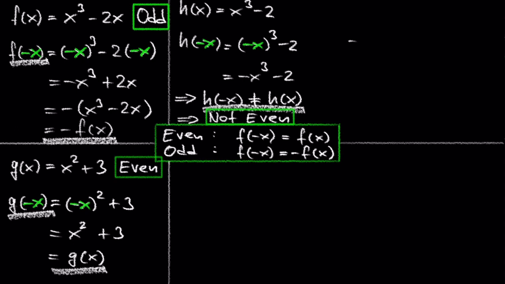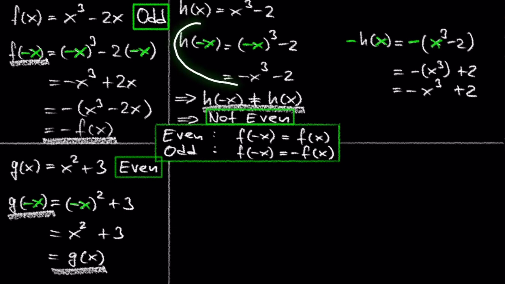The negative of h of x equals the negative of x cubed minus 2, which we can write as the negative of x cubed in parentheses plus 2, which is then negative x cubed plus 2.